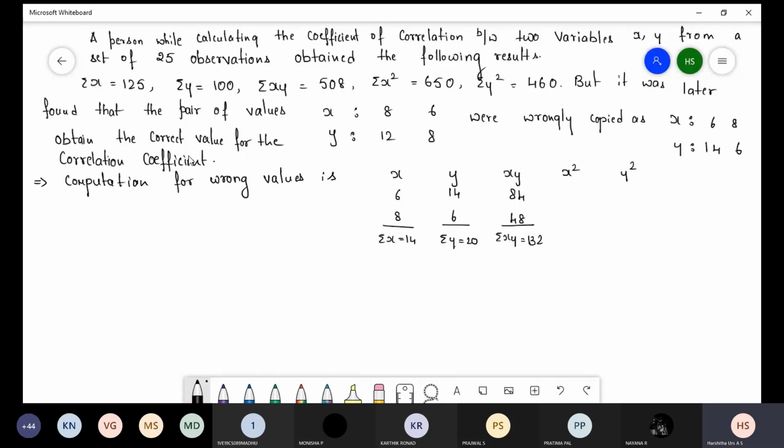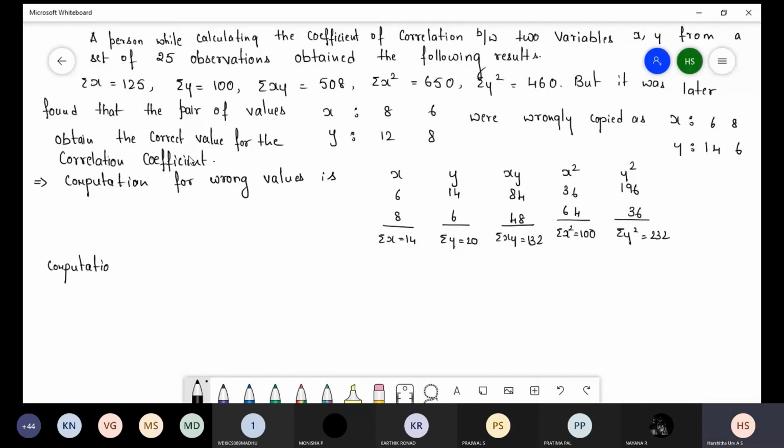Next, x square 36, 64. Sum of x square is 100. y square 14 into 14 is 196. 6 into 6 is 36. So we get 232.